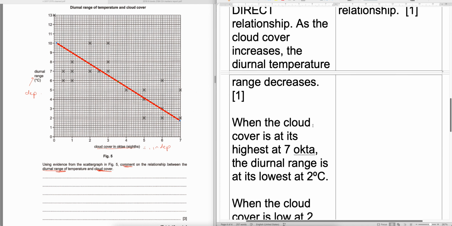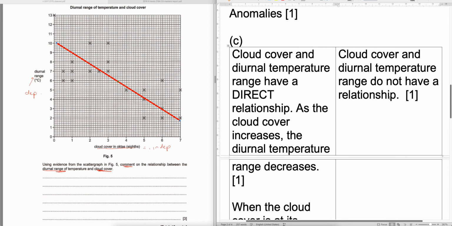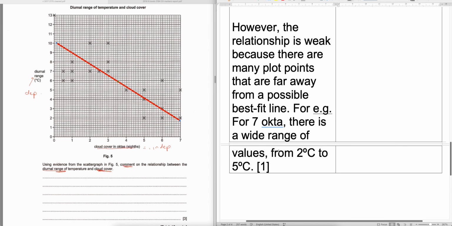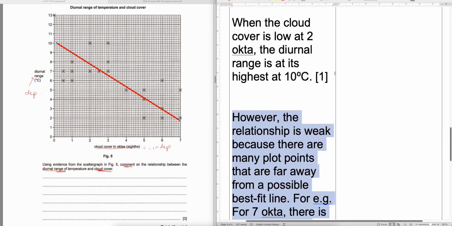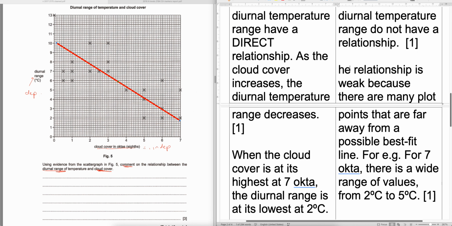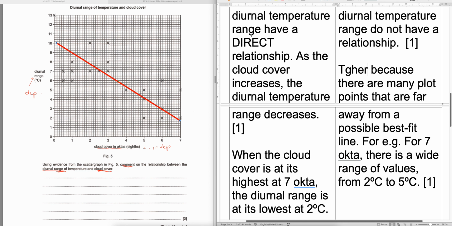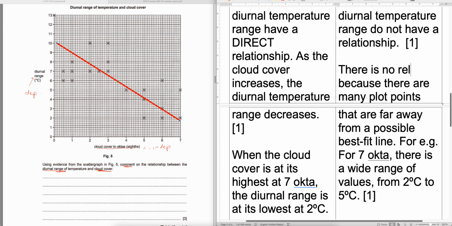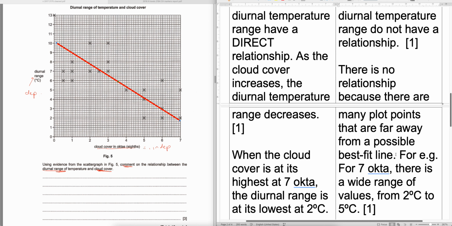But if you want to argue that there is no relationship, then maybe this is the part that you want to point out first as your evidence. When you say there's no relationship, it means you cannot draw a best fit line.